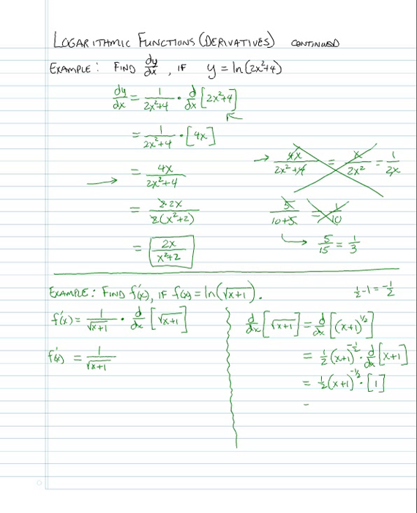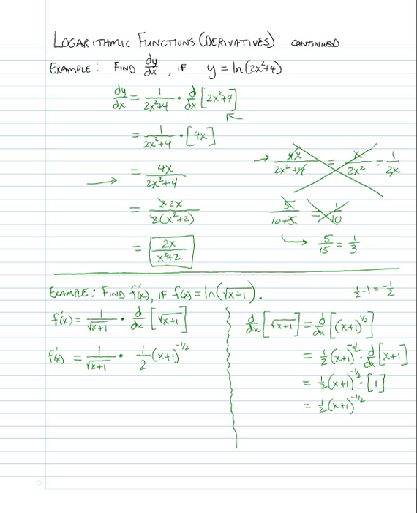So the result we have here is 1/2 times x plus 1 to the negative 1/2 power. So over here, in the place of that derivative, we have 1/2 times x plus 1 to the power negative 1/2.